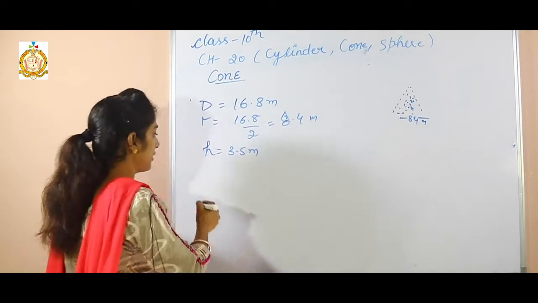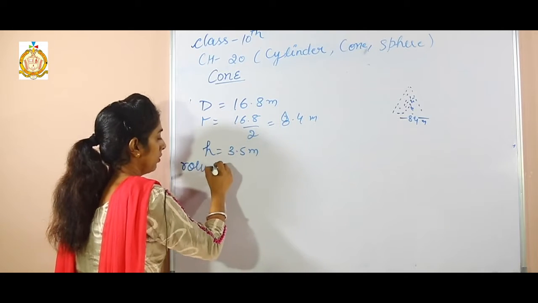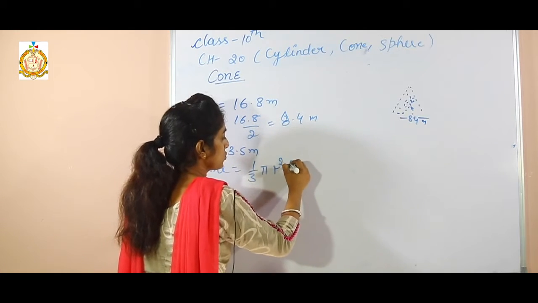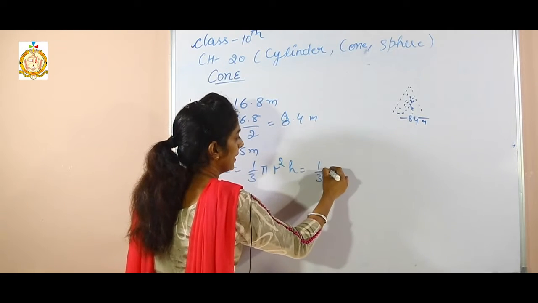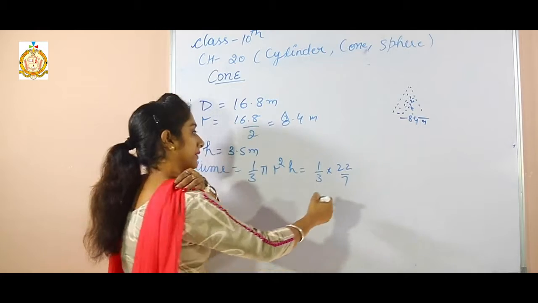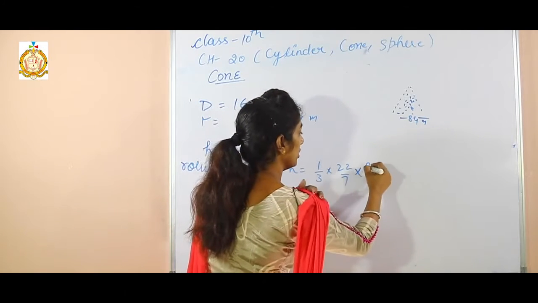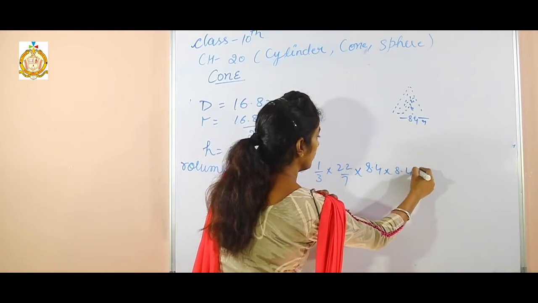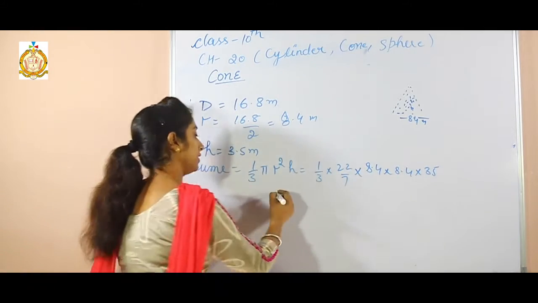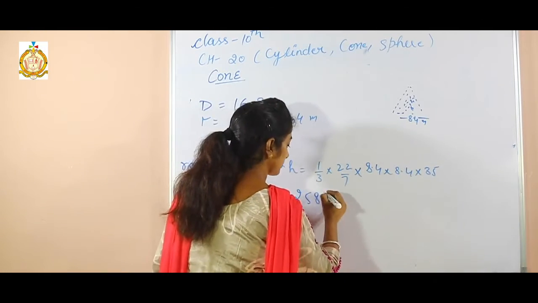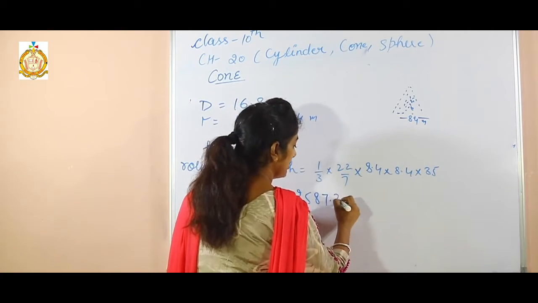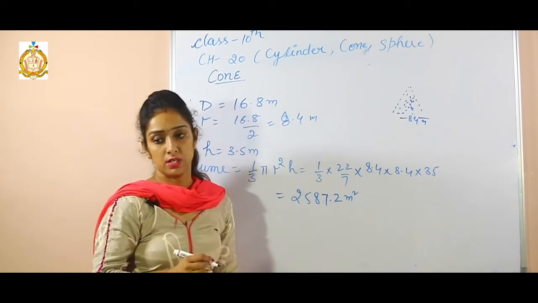Volume is equal to 1 by 3 pi r square h, so 1 by 3 into 22 by 7 into 8.4 into 8.4 into 3.5. After solving it you get the answer 2587.2 meter square, right?